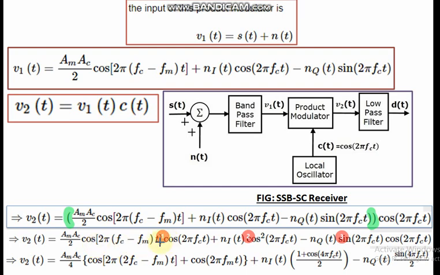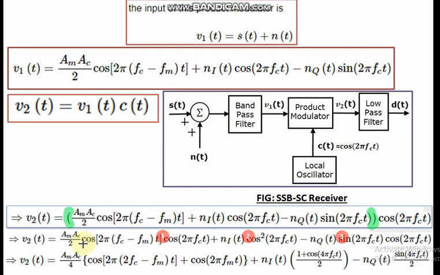The first formula for first term is cos C cos D is equal to 1 by 2 cos C plus D plus cos C minus D. Again I am repeating the formula.